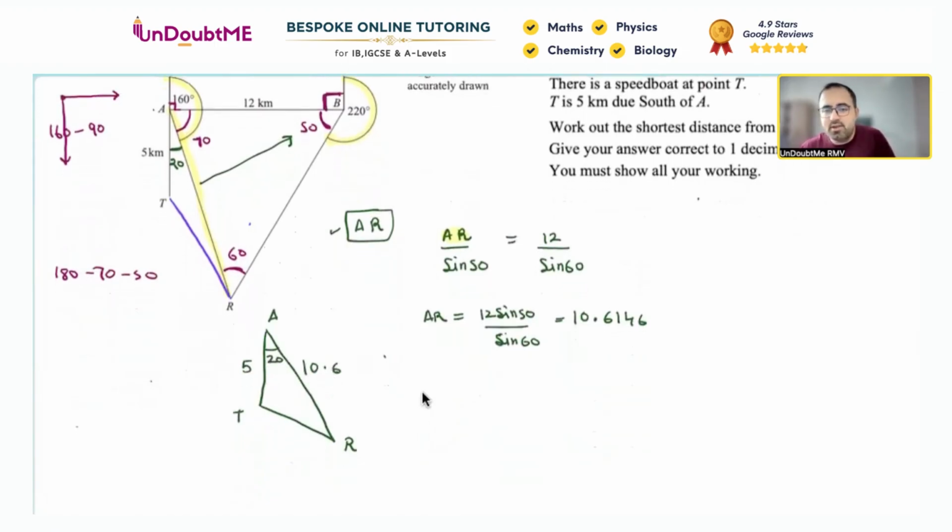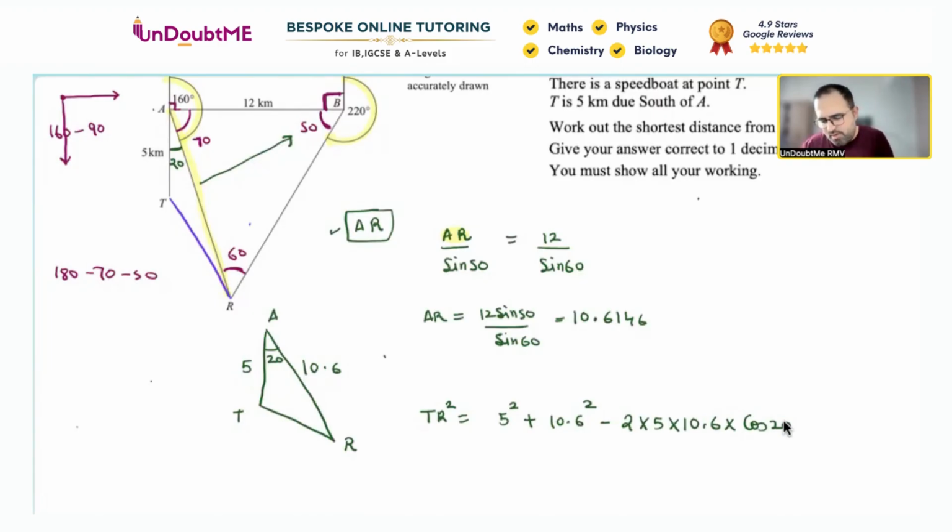To get TR, I can use cosine rule. For cosine rule, I'll write TR square is equal to 5 square plus 10.6 square minus 2 times 5 times 10.6 times cos 20. This calculation can give you TR very easily. That will be your final answer.